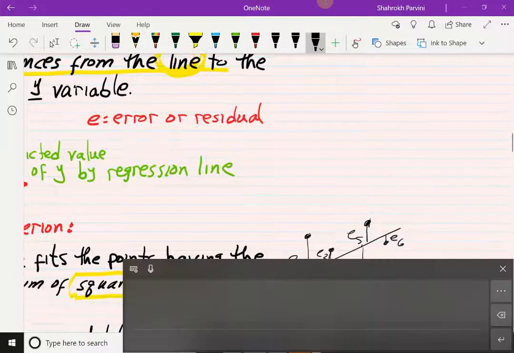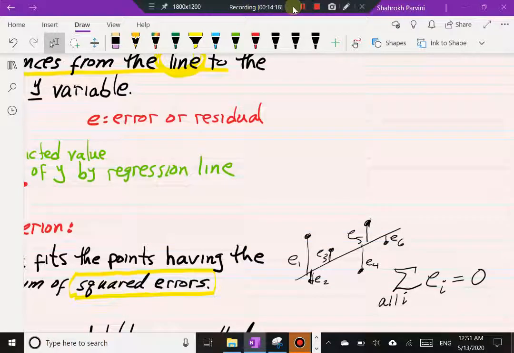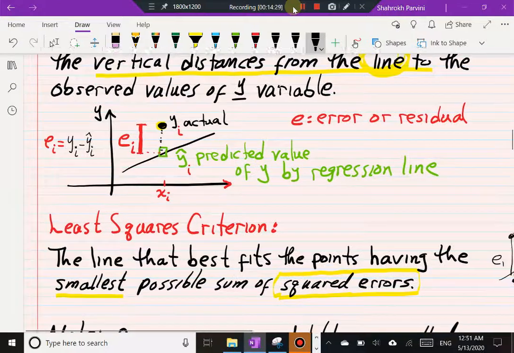So for that reason, instead of summing the deviations and getting 0, we actually look at the sum of squared deviations. This is the reason we look at the squared errors. Okay, now let me go back here.